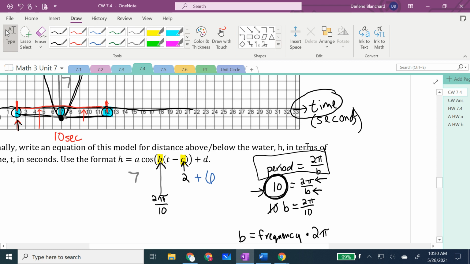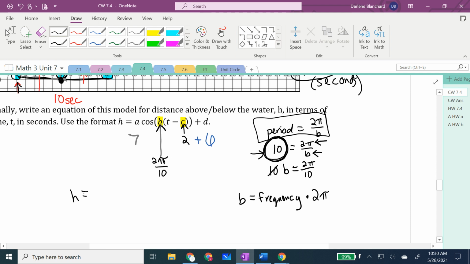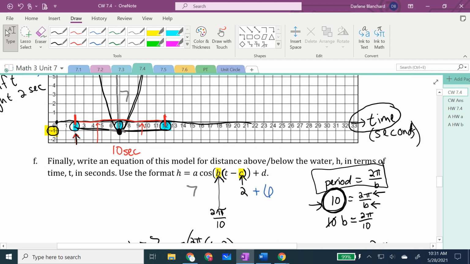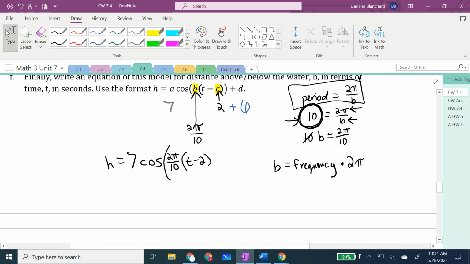And so now I have everything I need for my equation. My height is equal to 7 multiplied by the cosine of, and as long as I have a parentheses here with my t minus 2, then this 2 pi over 10 is the number that my graph's original x-coordinates will need to divide by to get to these t-coordinates in this case, and then plus 6.